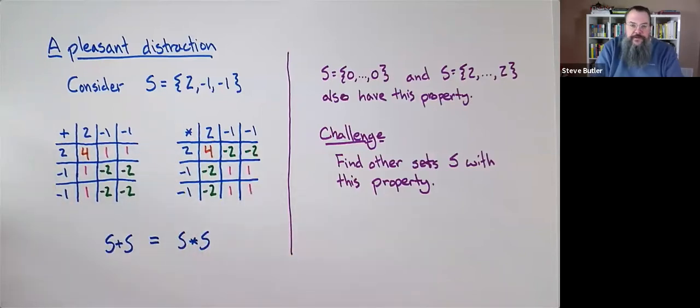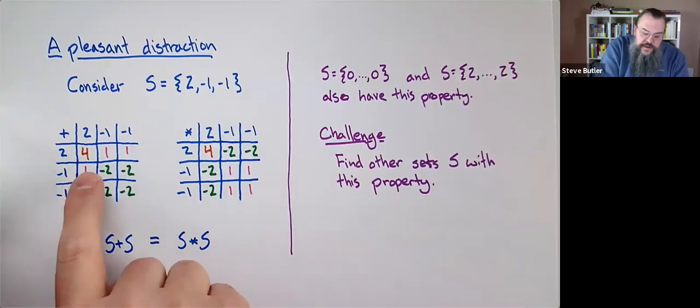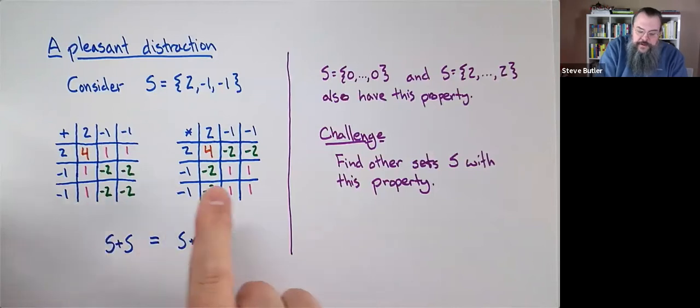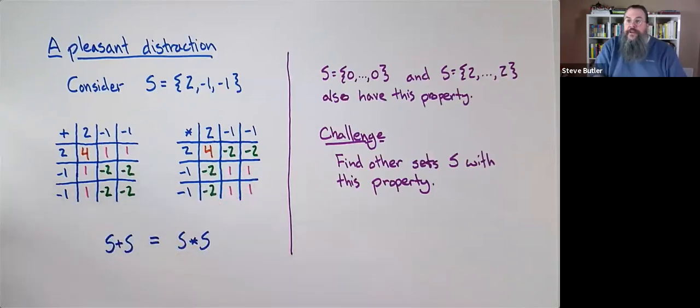Not too hard since there's only 3 numbers. But here's the interesting part. You'll notice that they both have a single 4, they both have 4 1s, they both have 4 -2s. In other words, S plus S, all possible sums, and S times S, all possible products, are the same, including multiplicity.